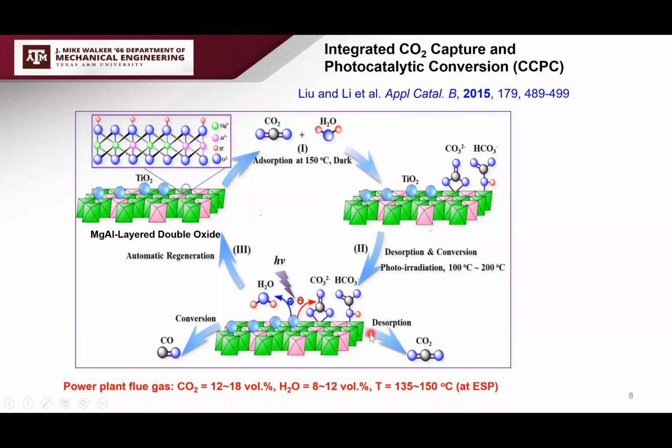So you can expect that part of the CO2 is desorbed from the material, and because in the meantime we have photo illumination, some products, the major product being CO, can be produced from these adsorbed CO2 species, and ideally the material is automatically regenerated. Then we can go through this dark-light process again, cycle after cycle.